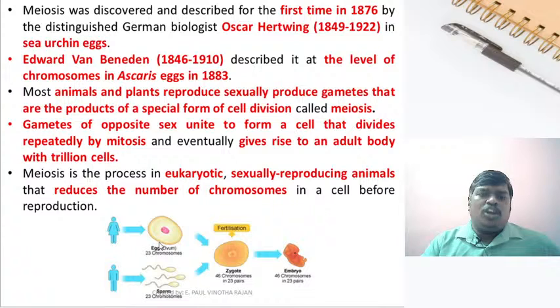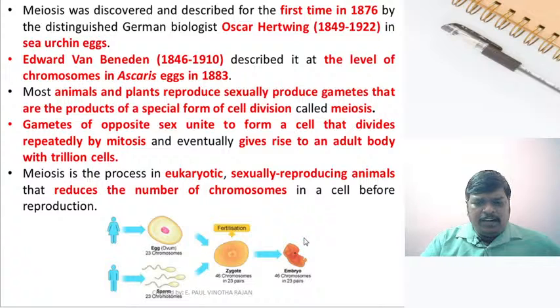During reproduction, these haploid cells combine, join together, and become a zygote, a diploid cell. This diploid cell undergoes mitosis and develops into a multicellular organism.